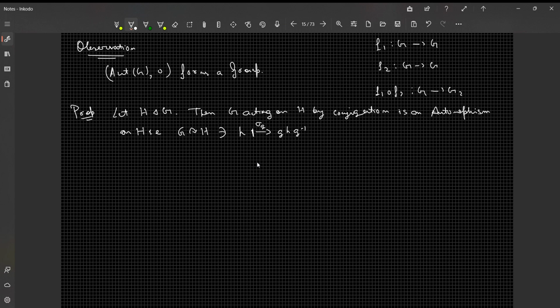If you remember, sigma g was called the associated permutation representation afforded by an action. So this defines an automorphism on H. Clear?